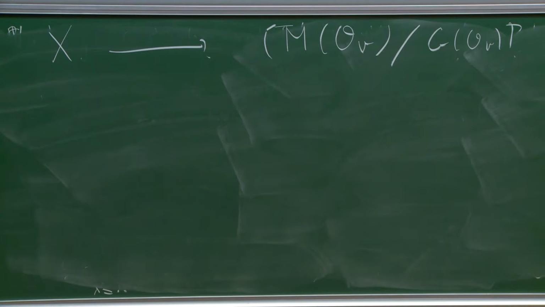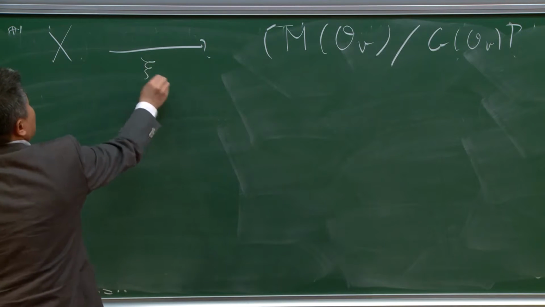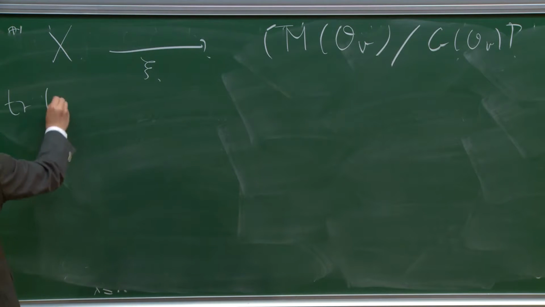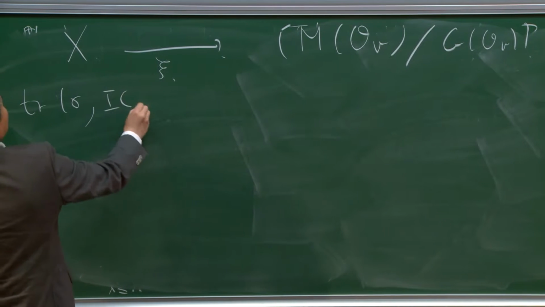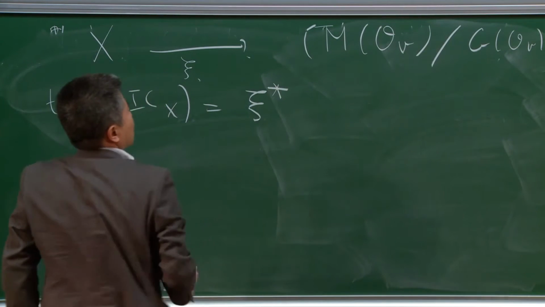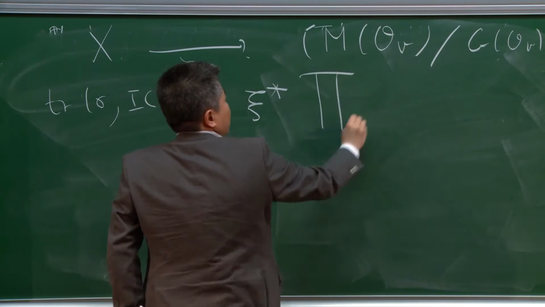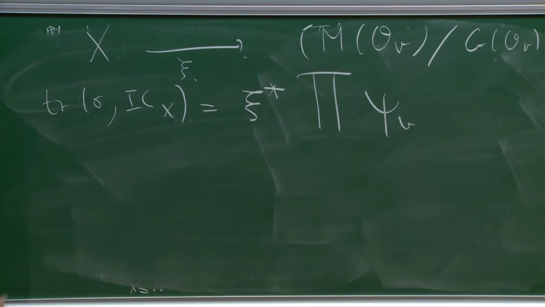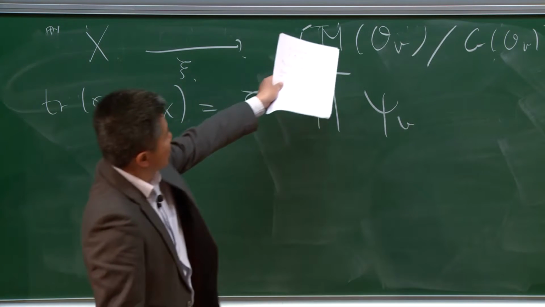So let's call this C. And so you see that the trace of Frobenius on the IC of X is the pullback of the product function of psi V locally. So that is, at least for me, an indication that there should be an IC here to make sense.